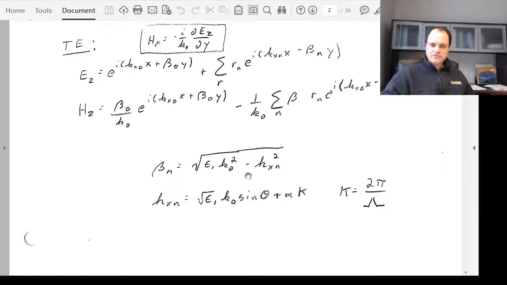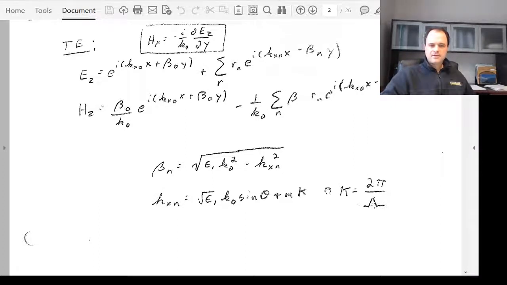But Floquet's theorem, this is what we needed the whole prior lecture for, says that your k's have to be the original wave's kx vector component plus an integer multiple of this capital K, 2 pi over the spatial period of the structure.